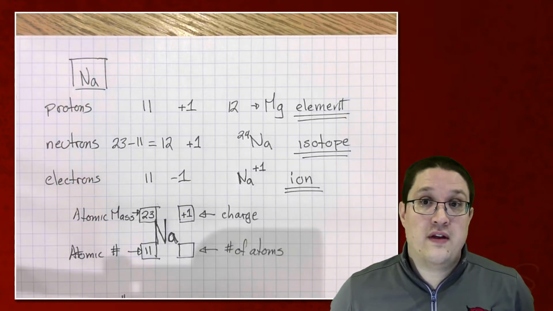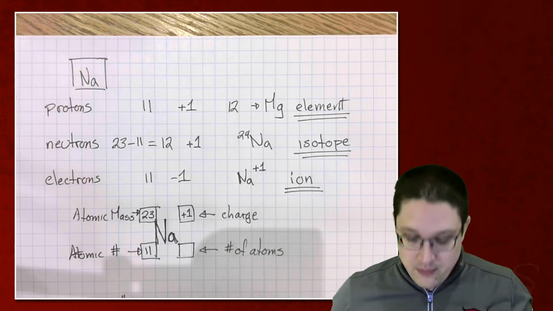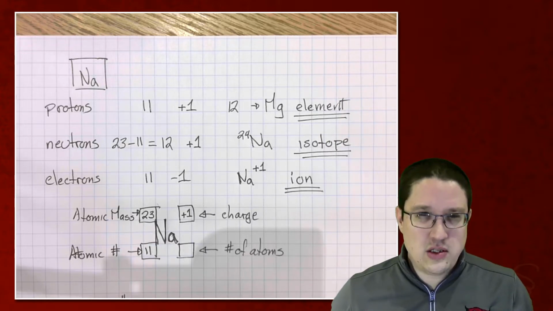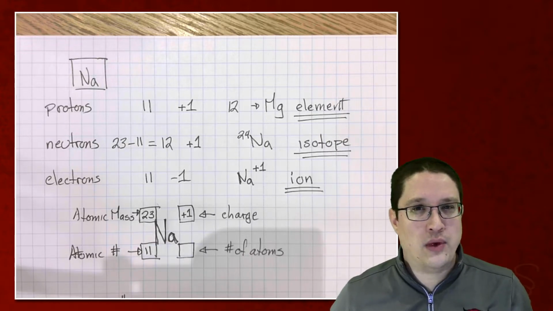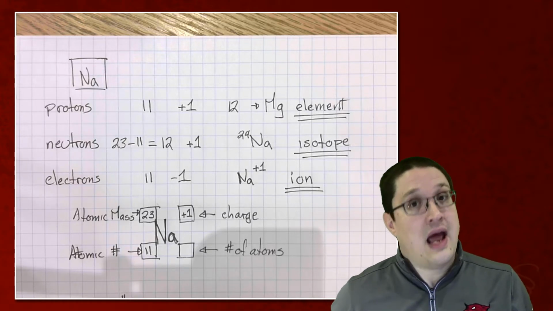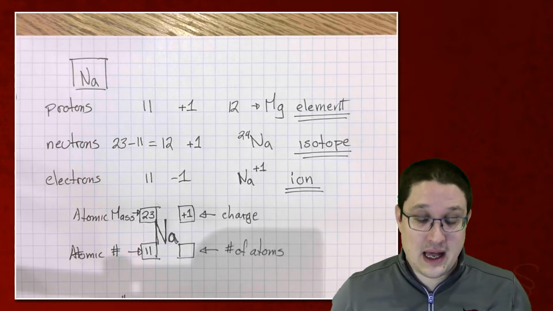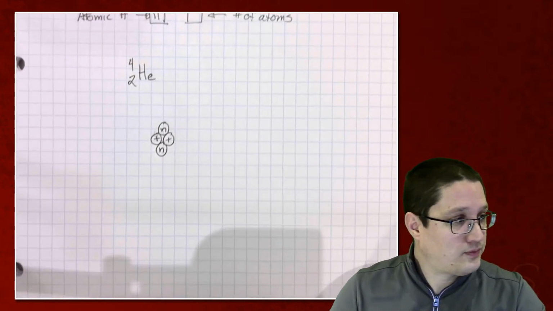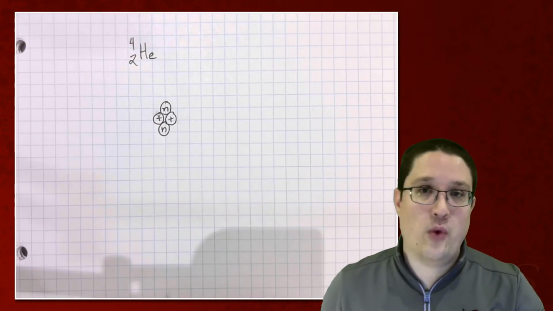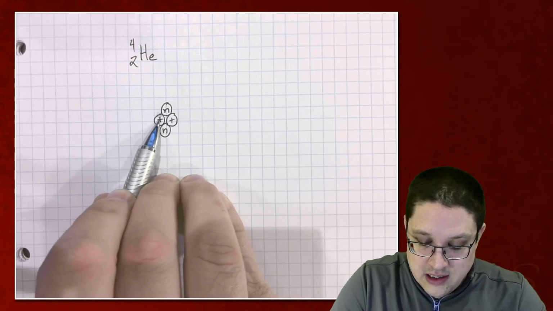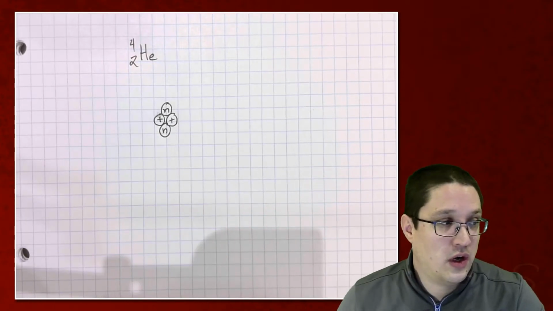Now, one other thing that I'd like to point out is we have a kind of a weird thing that a question should have come up in grade 9 when we learned about static electricity and learned about atoms and elements. And now we're actually going to explain that. So, as a little bit of a teaser for our next lesson, let's look at helium-4. If I have helium-4 here, you can see it has 2 protons and 2 neutrons.